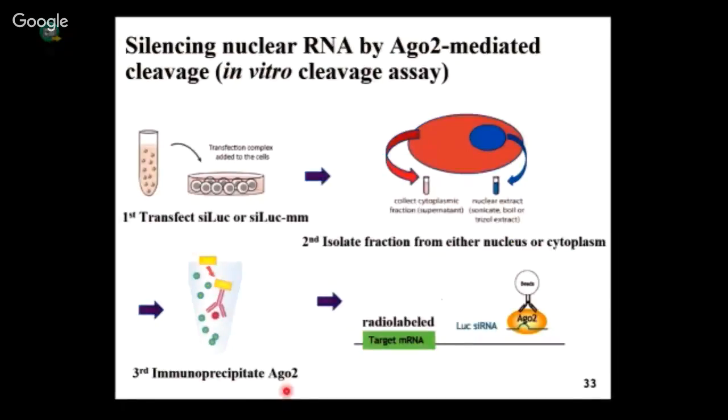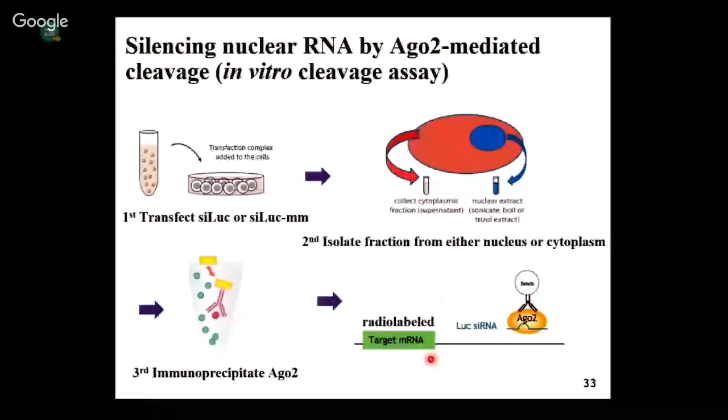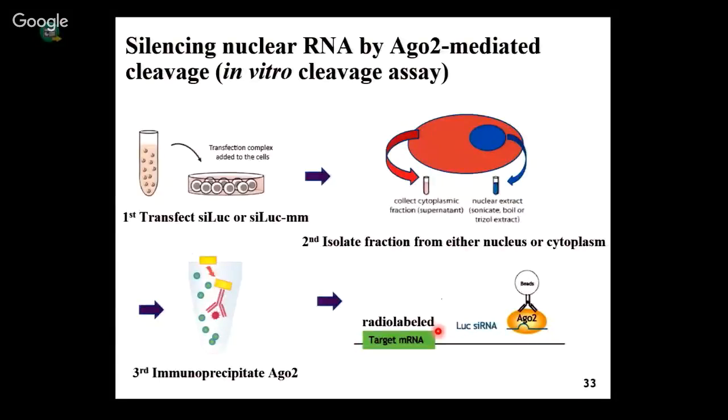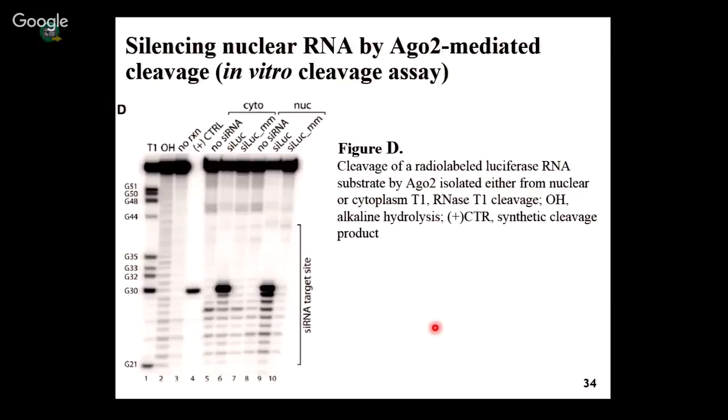And then they will mix the AGO2 protein with a radio-labeled mRNA. Here, it is the radio-labeled luciferase mRNA. So, because the si-luciferase can specifically target the mRNA, it generates a cleaved product shown here. While the si-luciferase mismatch will disrupt the silencing activity, it will not generate any cleaved product.